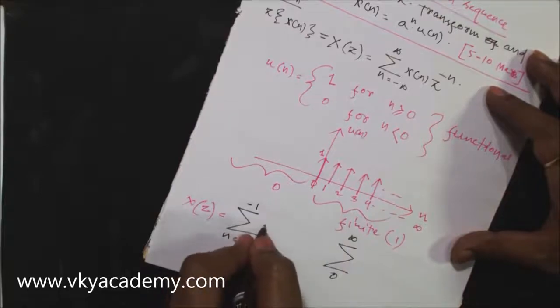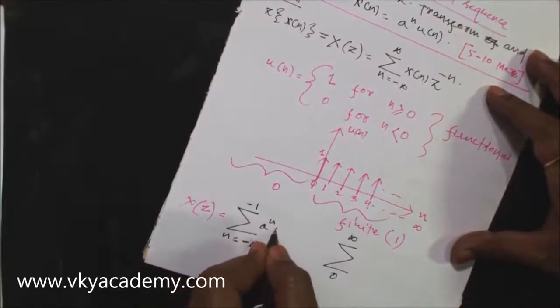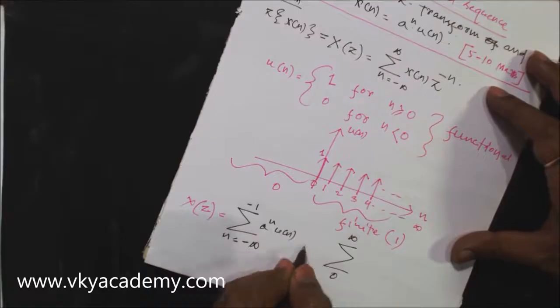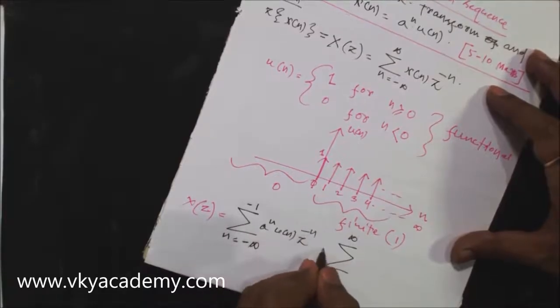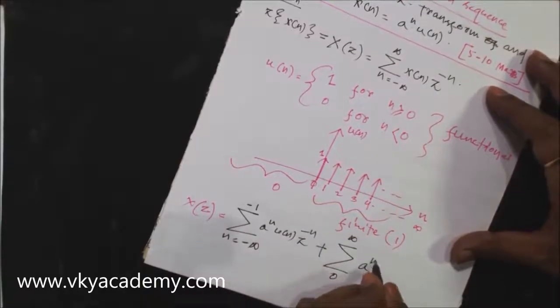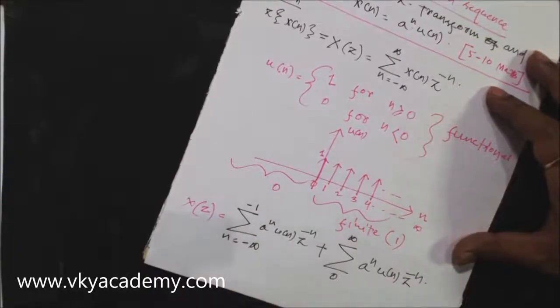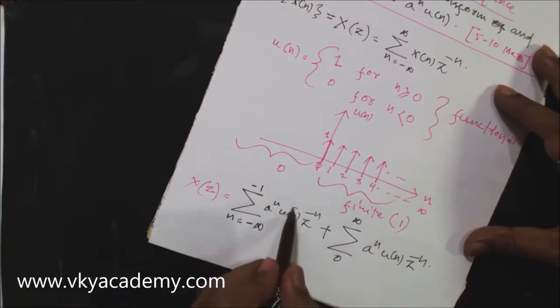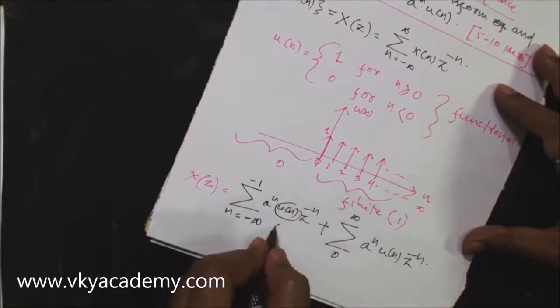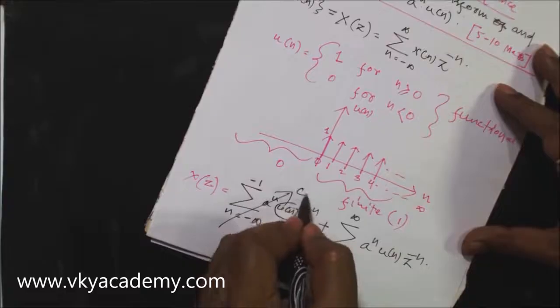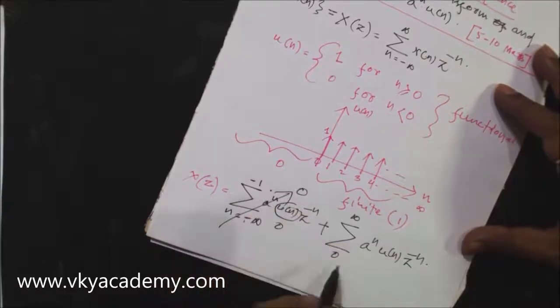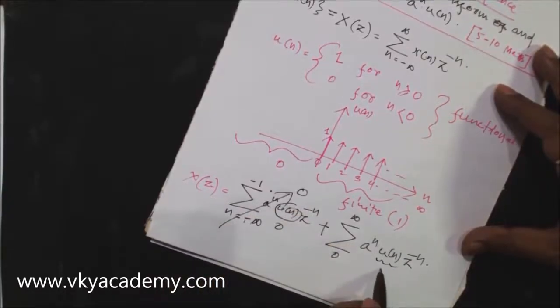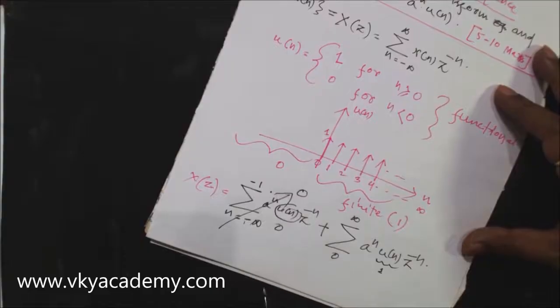And the function is a to the power n u of n z to the power minus n, and this one will be a to the power n u of n z to the power minus n. Now the unit step function is equal to 0 from minus infinite to minus 1, and unit step function u of n equal to 1 between 0 to infinite.